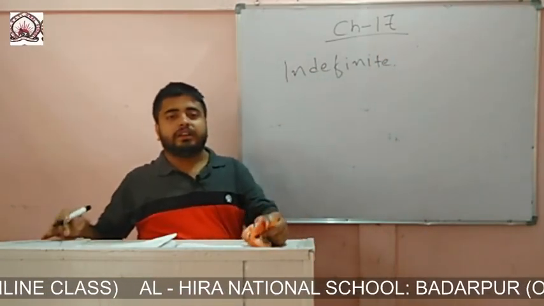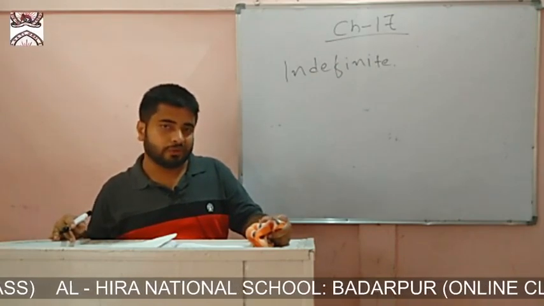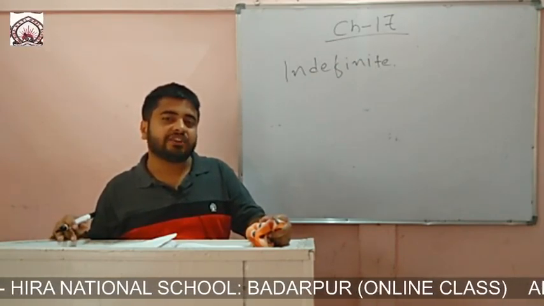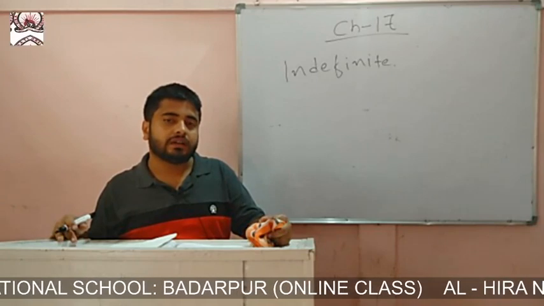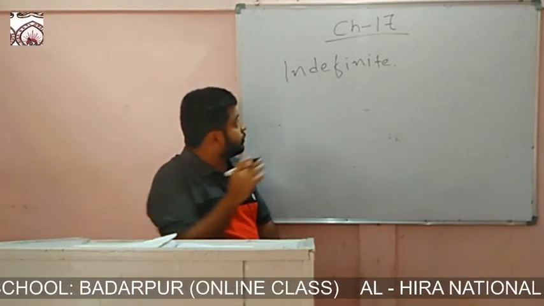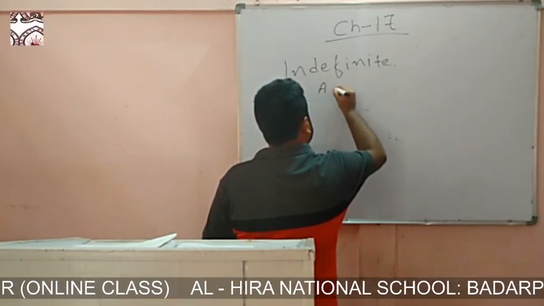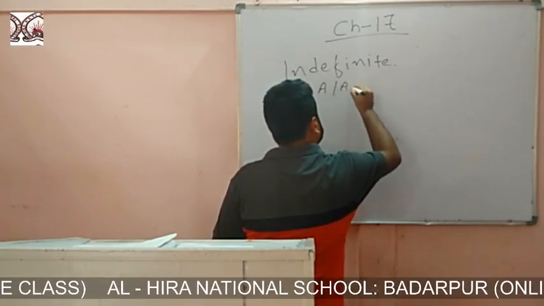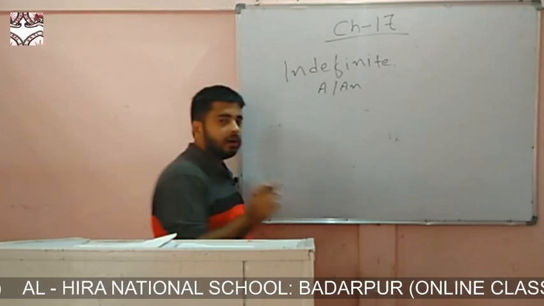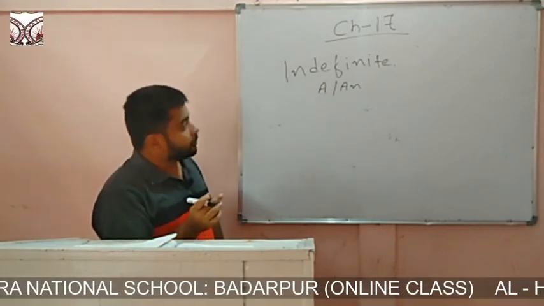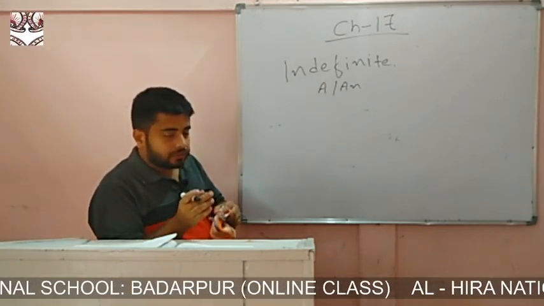We use indefinite article when we don't know the identity of the noun. And we know that a or an are the indefinite article. So I'll try to explain you with an example.